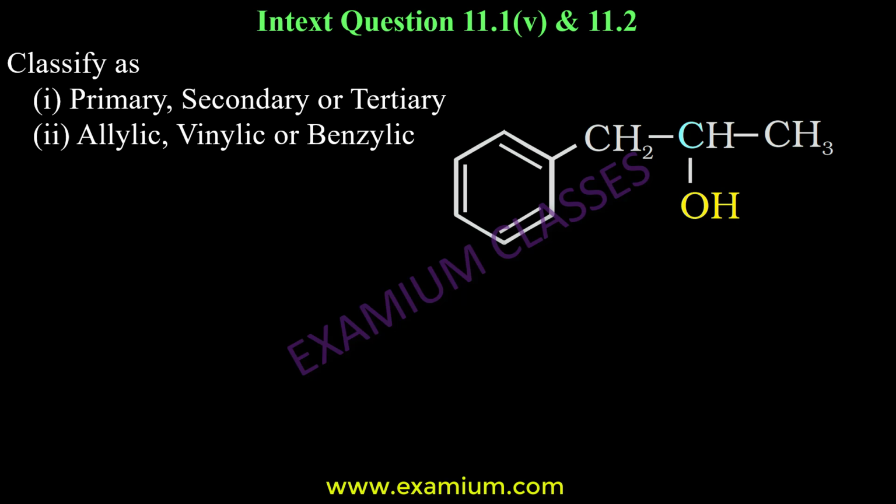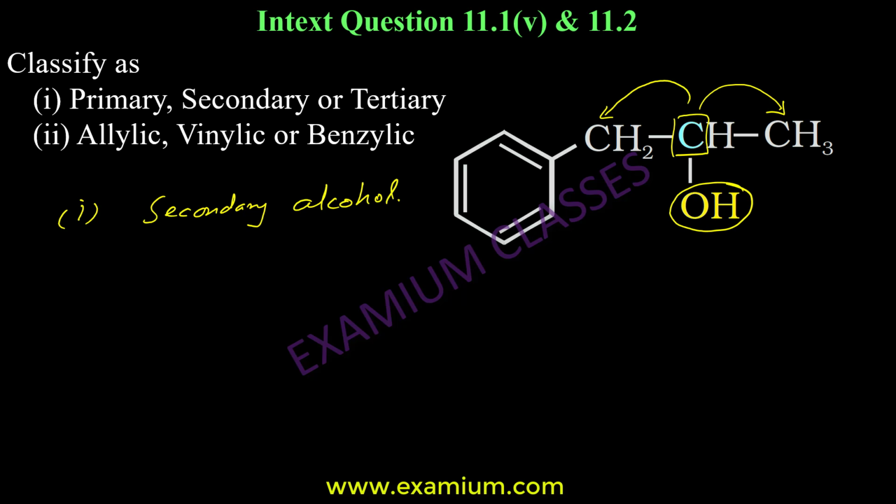Next one, in terms of primary, secondary, and tertiary, we will see which carbon has OH attached to it. This one. This carbon is attached to how many other carbons? 1 and 2. It means it is a secondary alcohol. Second point, allylic, vinylic, or benzylic. We do see a few double bonds. It means these can be allylic, vinylic, or benzylic.